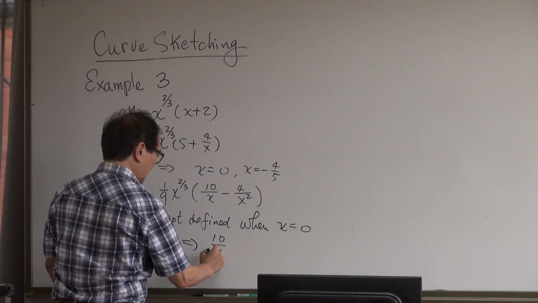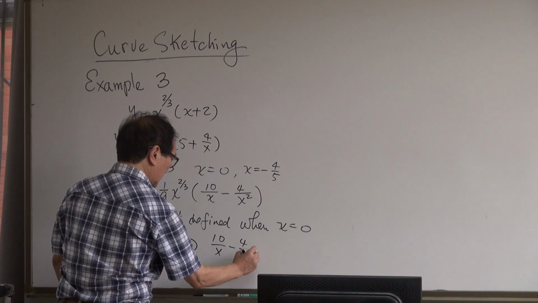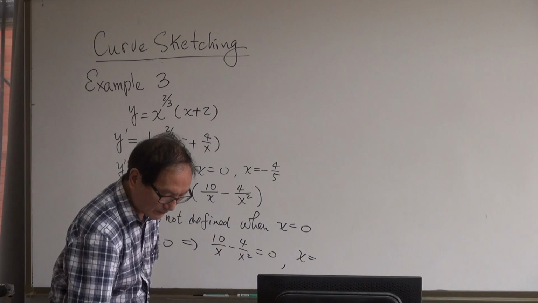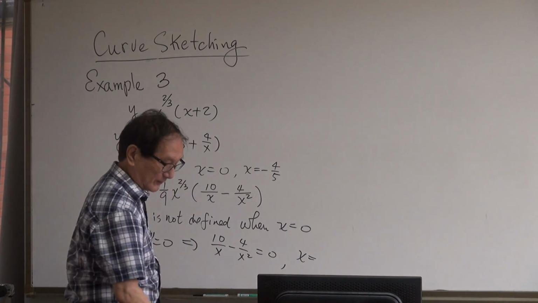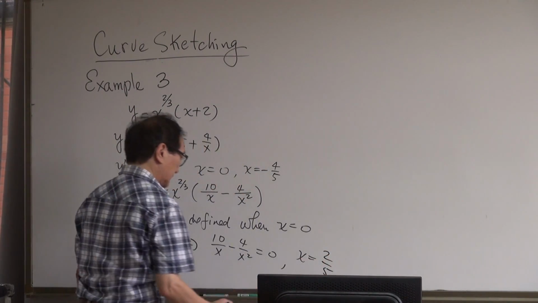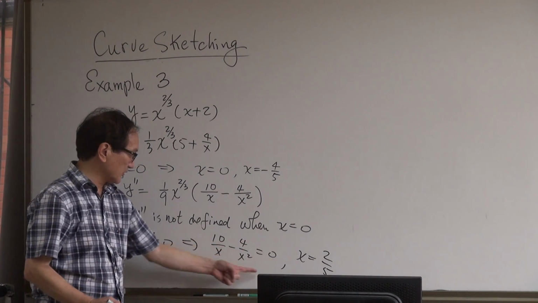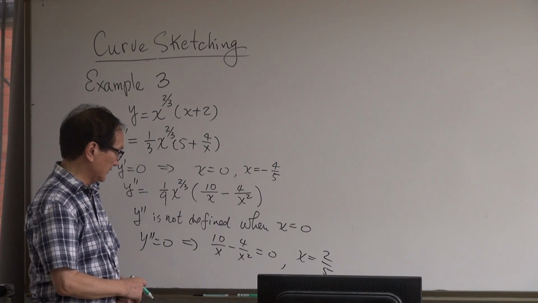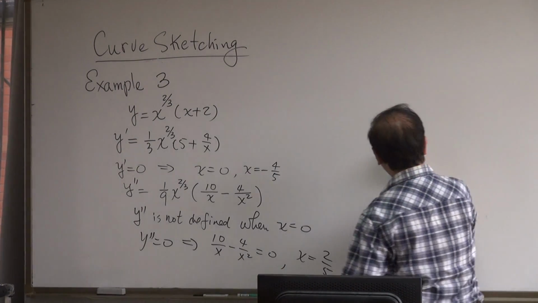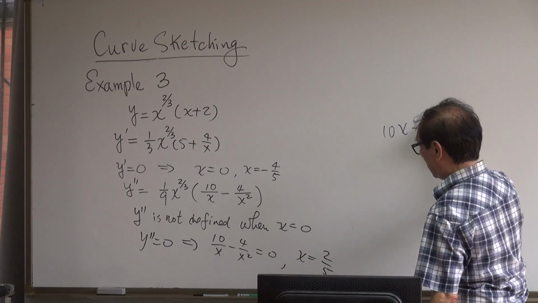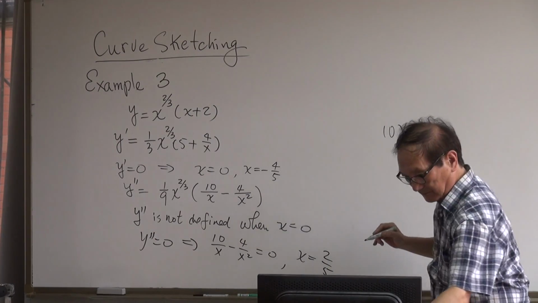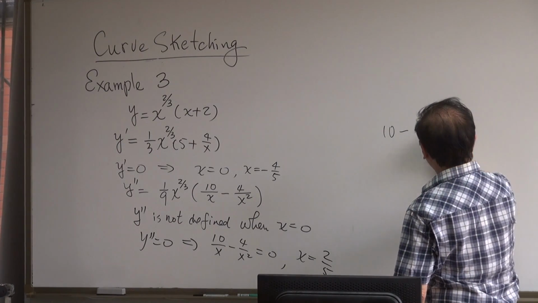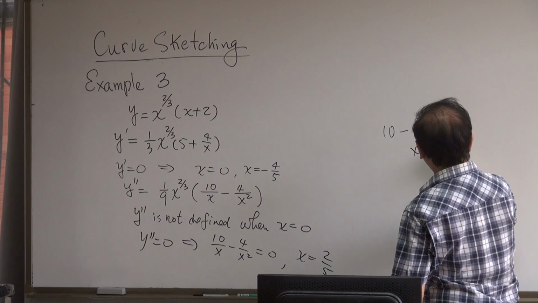10x minus 4 is equal to 0. So from this, x can be found: 10 minus 4x equal to 0, x equal to 10 over 4, which is 5 over 2.